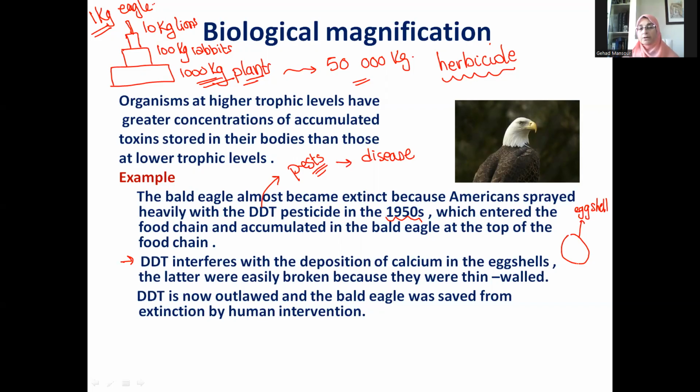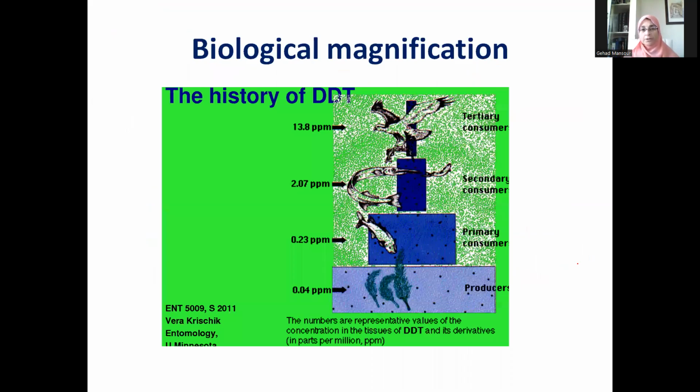But nowadays, DDT is outlawed, DDT is banned, and the bald eagle was saved from extinction because of human intervention. So human intervention at the beginning resulted in an almost extinction of the bald eagle, and then human intervention afterward, when human beings discovered the huge mistake they made, helped again in saving the bald eagle.